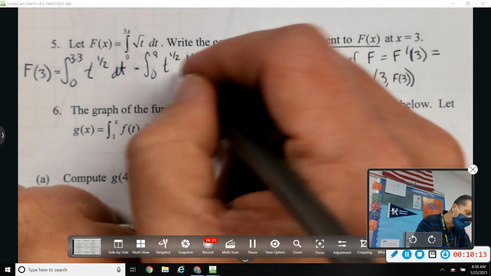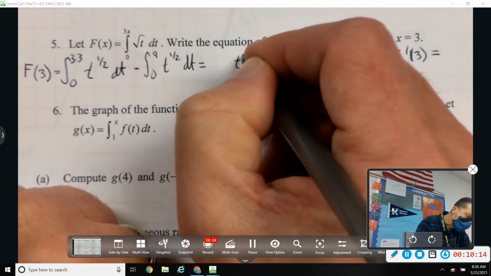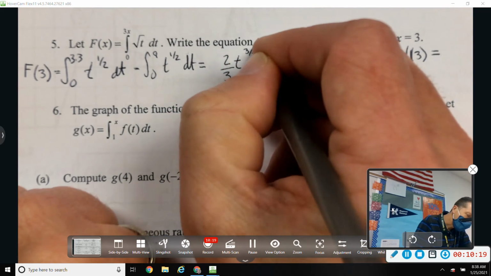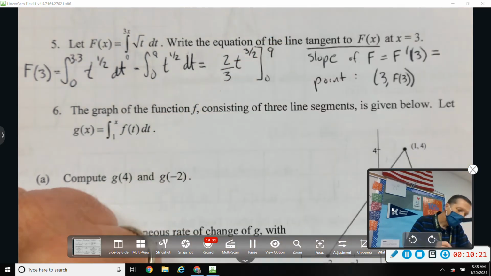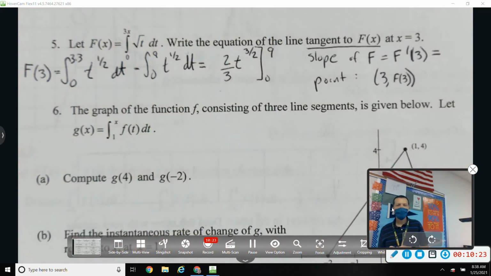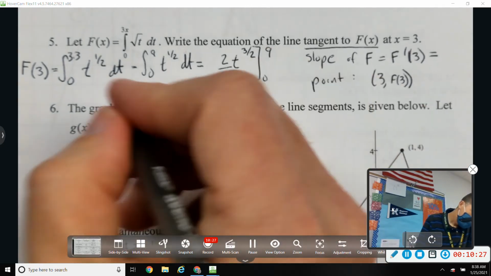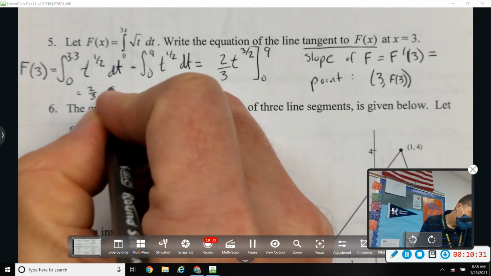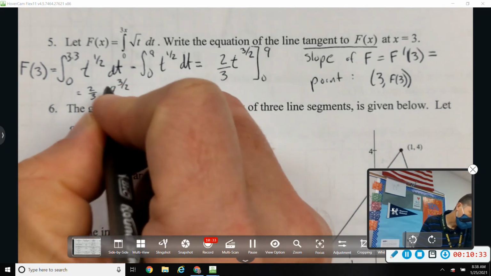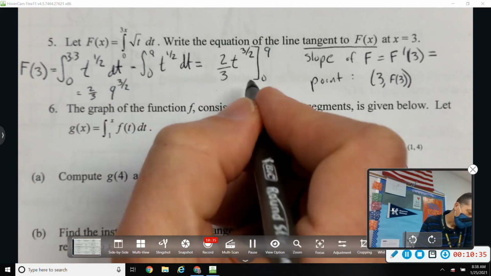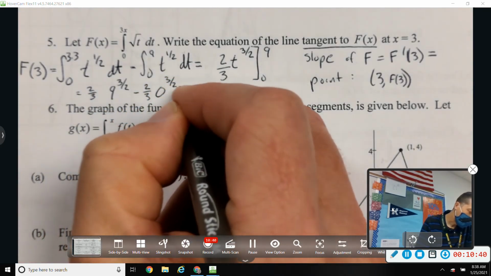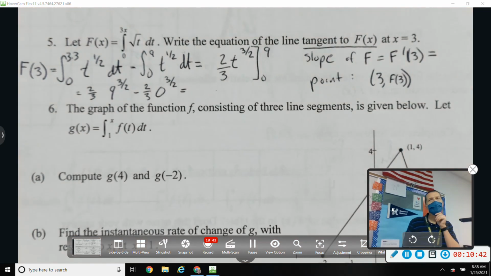Instead, we'll have to do the antiderivative, increase the power by 1, divide by the new power, from 0 to 9. So that would be 2/3 times 9 to the 3/2, minus 2/3 times 0 to the 3/2, but that's going to be 0.